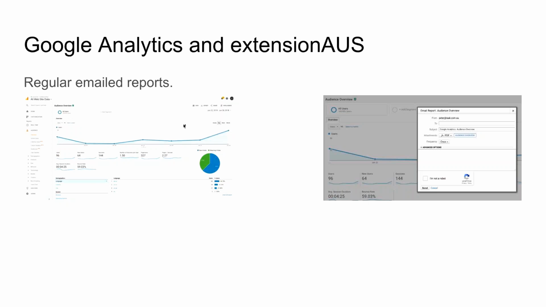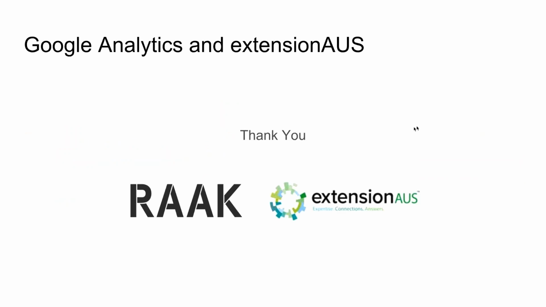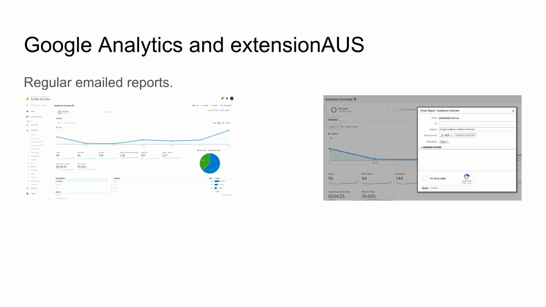at any frequency you like. There is a little button at the top right that says share. It will open up an email box where you can enter the email addresses you'd like that report to go to. You can specify the attachment type.